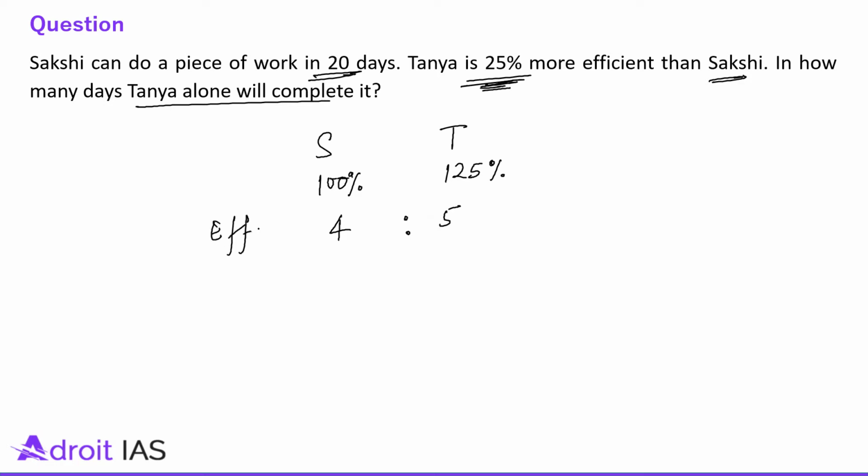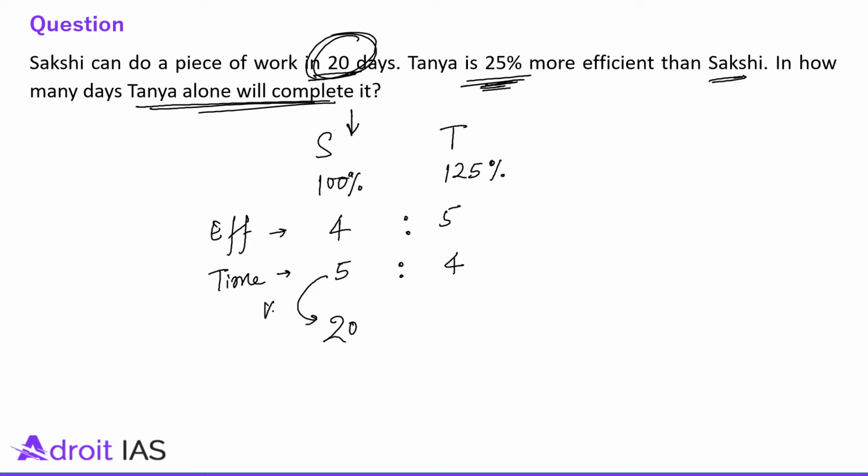So efficiencies are in the ratio 4:5. So time taken to complete the same work will be in the ratio 5:4, right? Now the question says, in how many days Tanya alone will do that which Sakshi is doing in 20 days. So Sakshi is doing the same work in 20 days, fine.